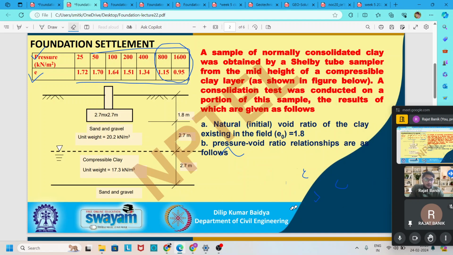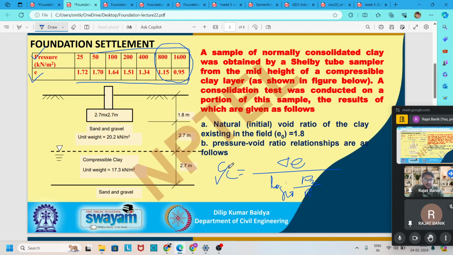The slope of this curve, that is Cc, is equal to the change in void ratio of any 2 points divided by log 10 of the pressure ratio of those 2 points, P2 by P1. So if we put all these values of any 2 points, we can get the Cc.